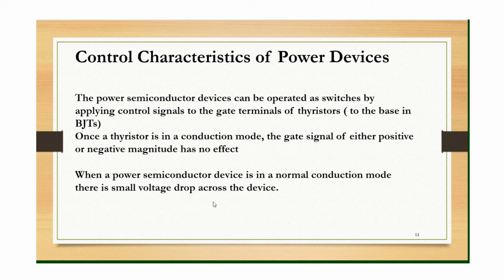Typically in an ideal switch, when a switch is closed, there should be zero voltage drop, right? Because current will be maximum passing through it. But in a power semiconductor device, there will be a small voltage drop. So these are the typical control characteristics of a power semiconductor device.